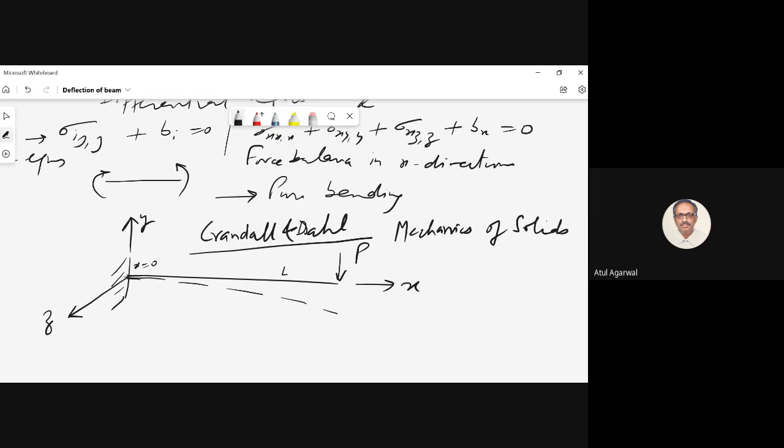Only thing you remember that deflection will be negative when it is downwards. Only when deflection is upwards, it is positive. And generally whenever you are doing some loading in actual real life, you are having downward deflections. So that is why a lot of books prefer downward y positive. But it doesn't matter. You can take it like this. So downward deflection will come negative. But everything looks more consistent and easy to handle.